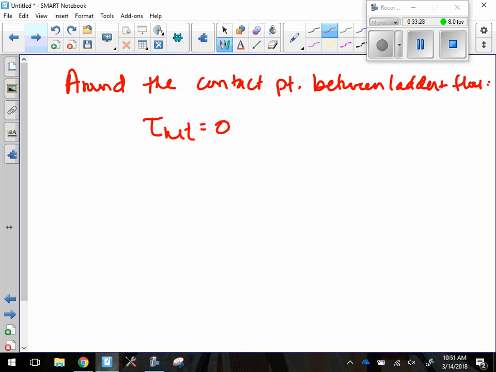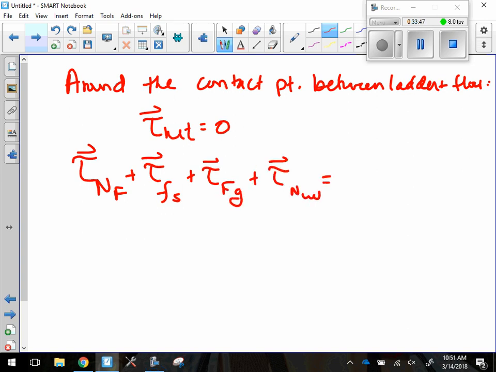So I know that tau net is 0. So I could have a torque from the floor, I could have a torque from the friction, I can have a torque from Fg, and I can have a torque from the normal force on the wall, right?